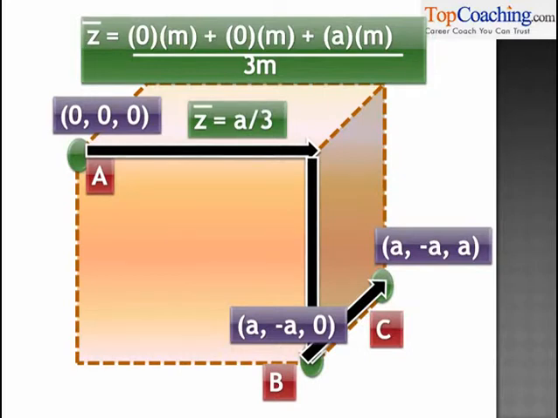We know the exact coordinates of the center of mass of this system. Clearly, the distance of the center of mass from the point A is square root of x square plus y square plus z square, isn't it? So if you calculate the square root of x bar square plus y bar square plus z bar square, you'll get the distance of the center of mass of these three particles from the point A. And that will be your answer.